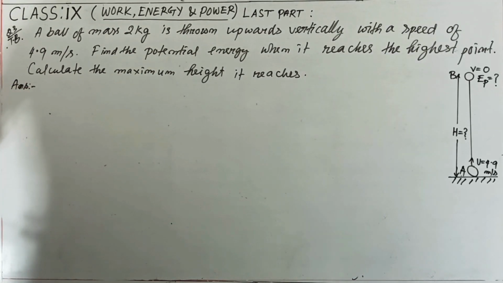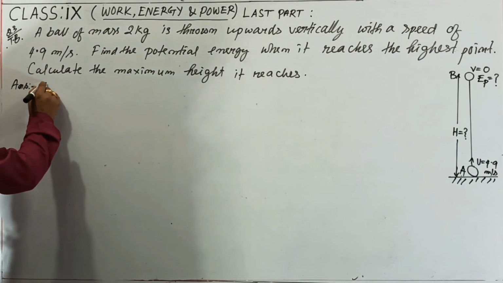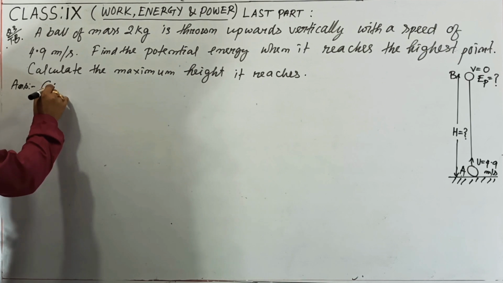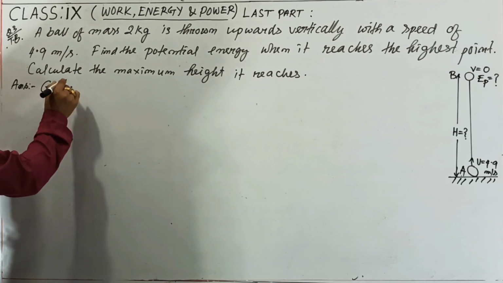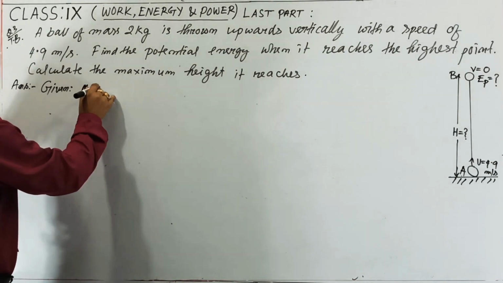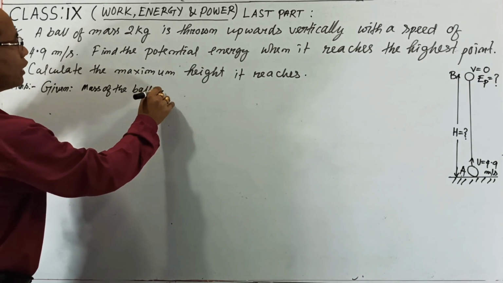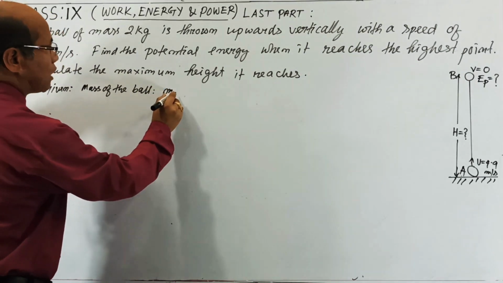Now we have the information, and let us write it down as given. Given information: the mass of the ball. Let us use small m to represent the mass of the ball.